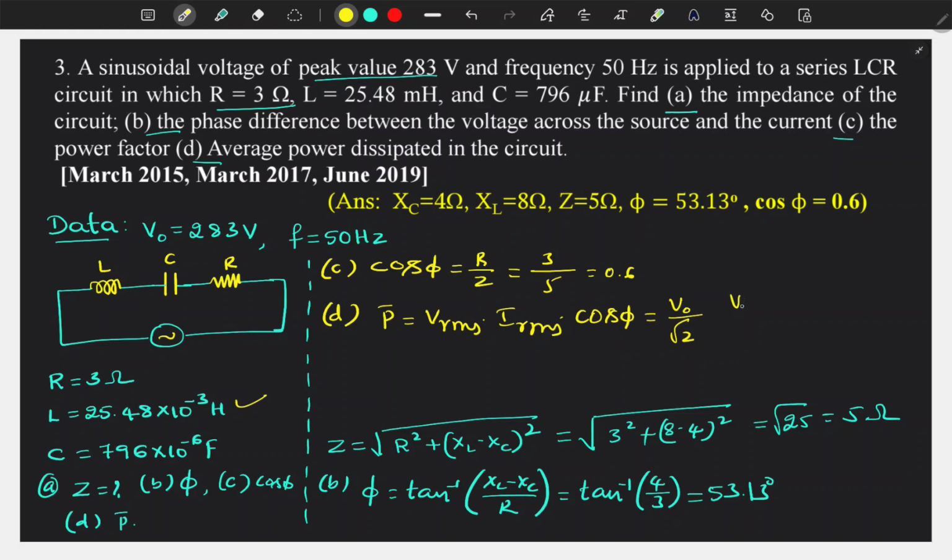Irms can be given by V0 by root 2 into Z, which is into cos phi. So if you substitute the values of Z, cos phi and V0, you will get the value of average power dissipated, that is 4800 watt.